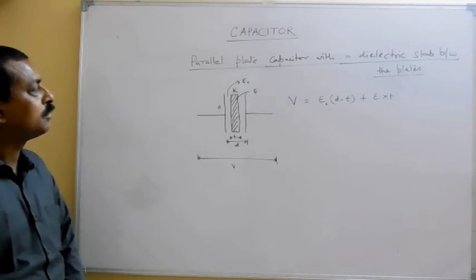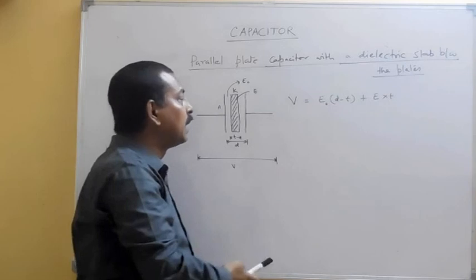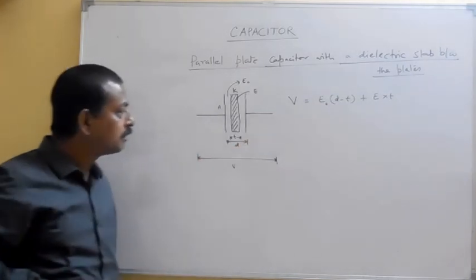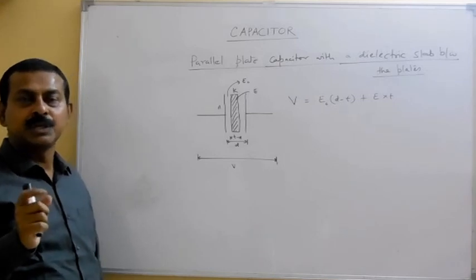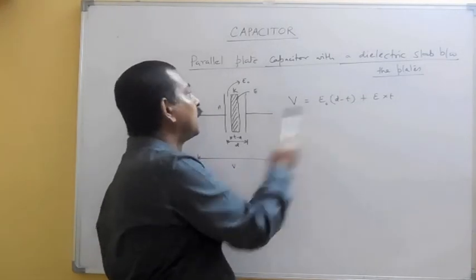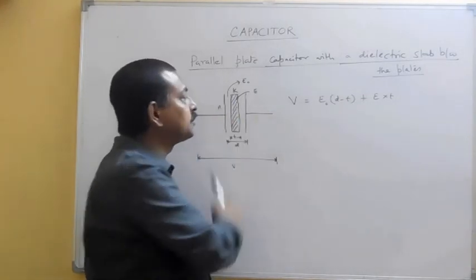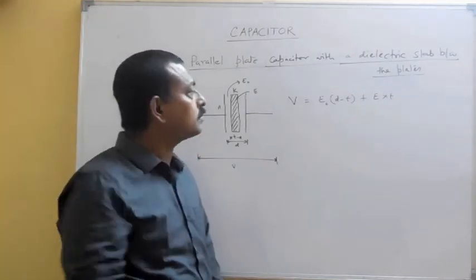Because E naught we are using as the electric field in the air gap, and if the plate separation is d and the thickness of the slab is t, the effective air gap will be only d minus t. And for the potential difference across the slab, we have E into t.